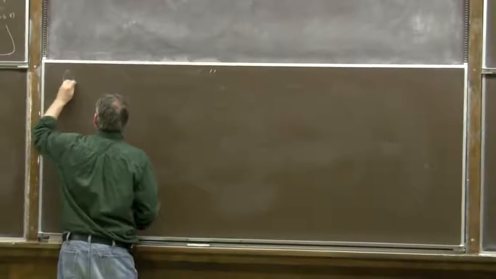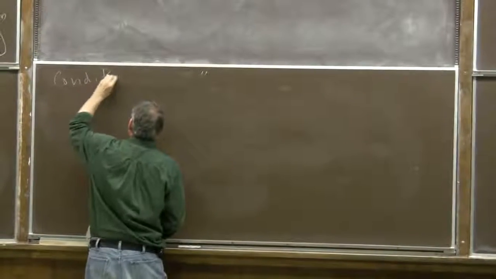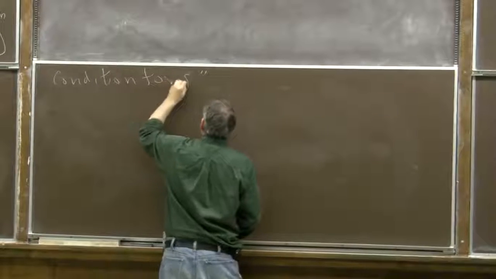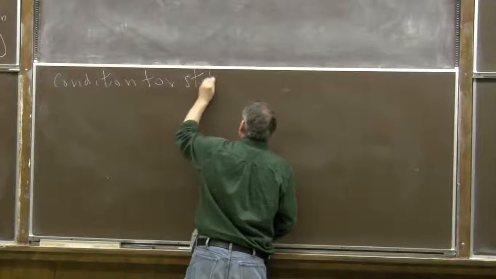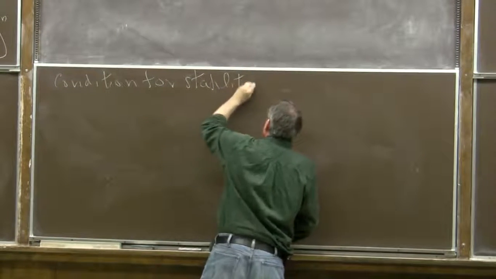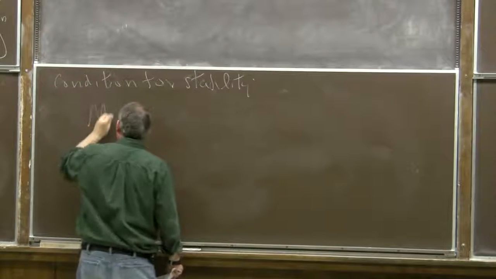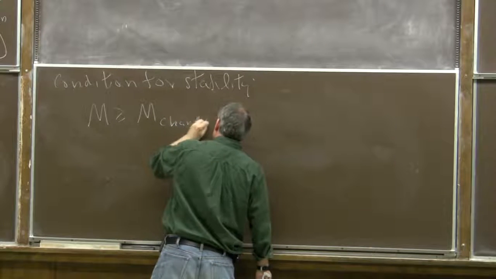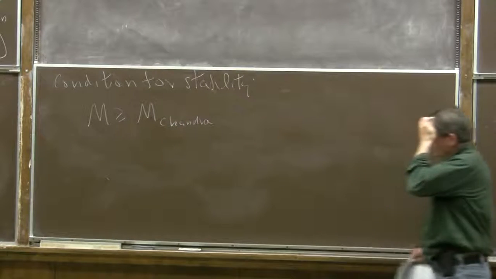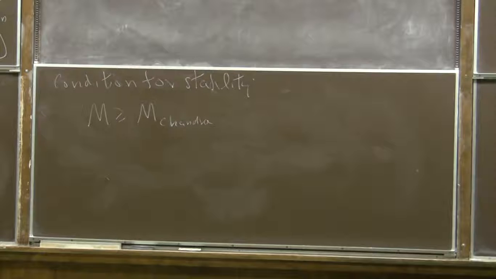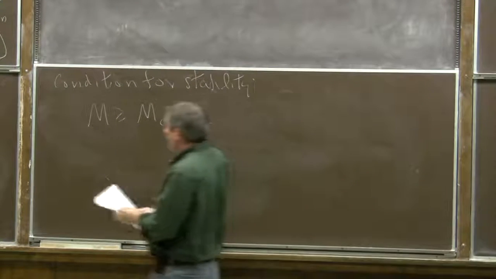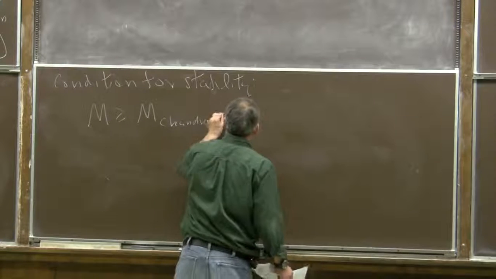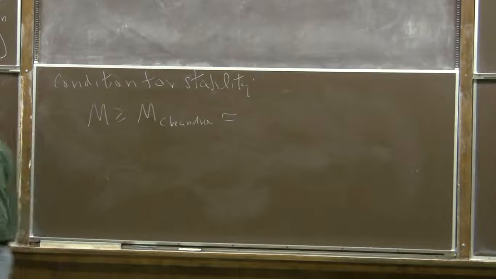So, the condition for stability is that the mass has to be greater than some value. I'll call it the Chandra mass, which stands for Chandrasekhar, but that's too hard to say, so we call it Chandra. And what is it? Again, up to factors of order 1 that we haven't kept track of.